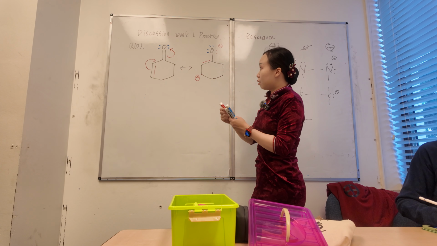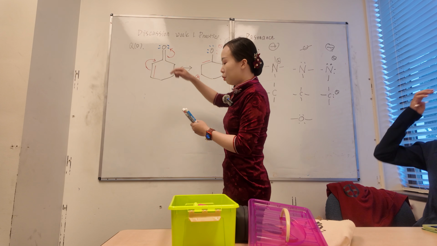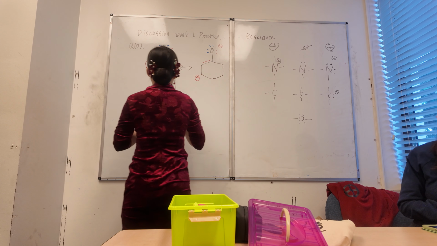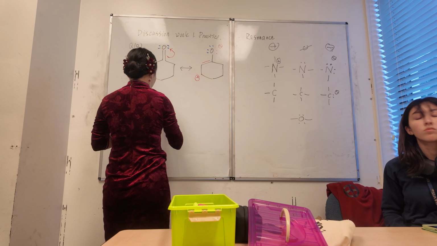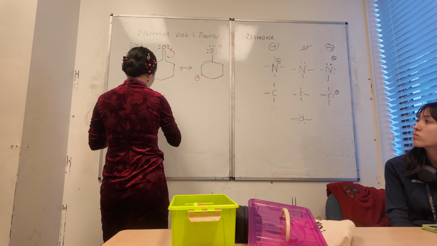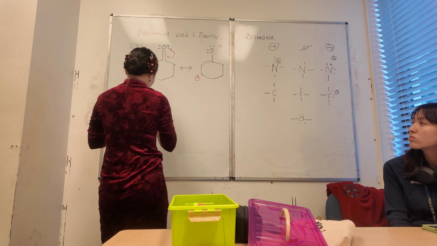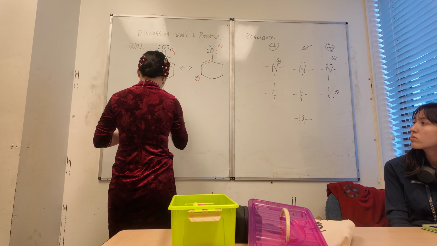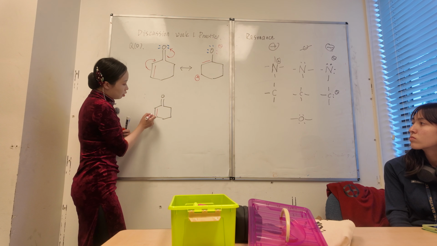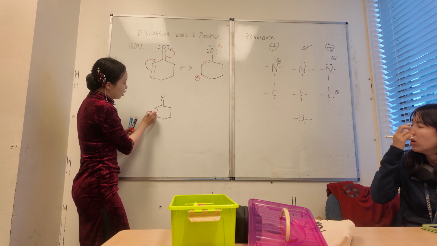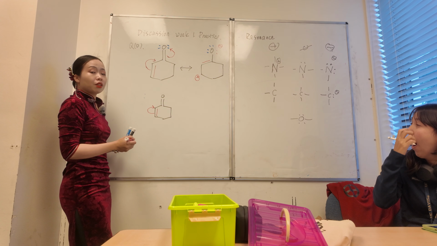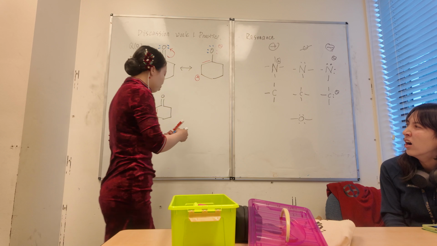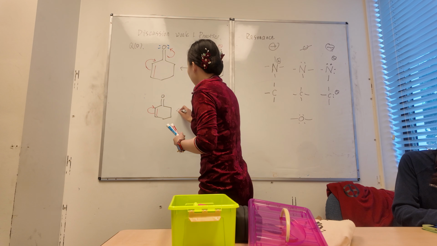Okay, I can show another way of doing this, which is you don't push all the way over. What if I just stop here? I don't move. That can still be okay.